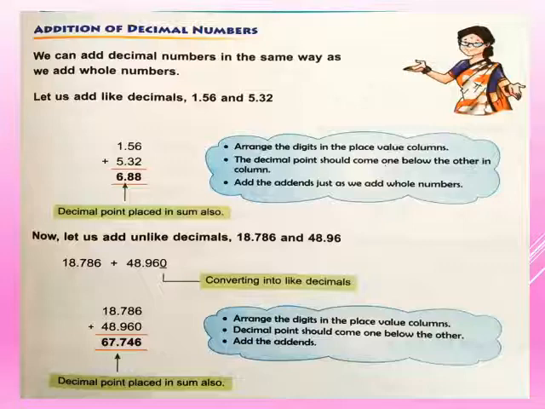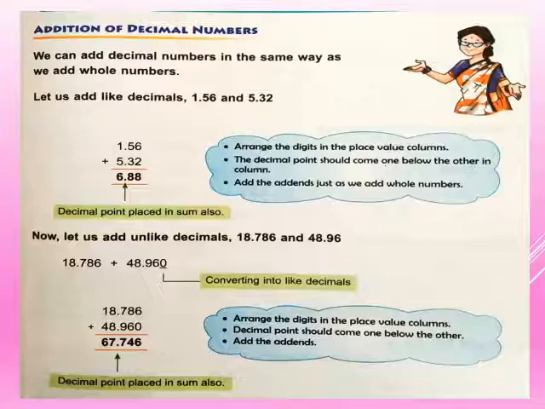Arrange them vertically so that the decimal points are one below each other. Arrange the digits in the place value columns. The decimal point should come one below the other in the column, and add the addends just as we add whole numbers. So here 6 and 2 gives you 8, 5 plus 3 is 8.